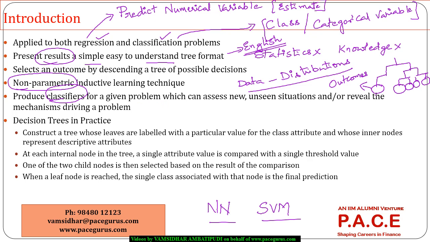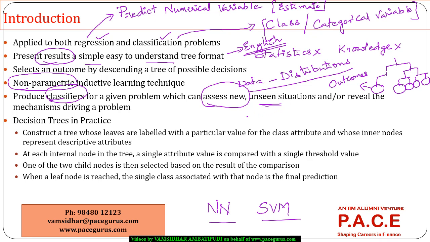So the whole problem is typically classified, and using this kind of a classification model, I should be able to do the prediction for new and unseen situations.